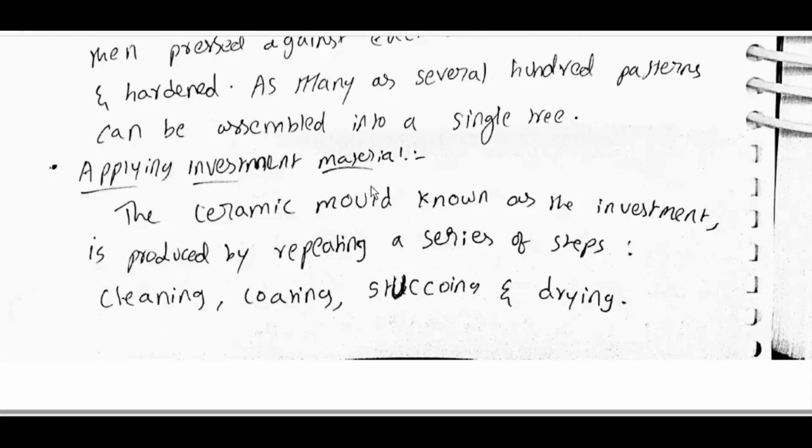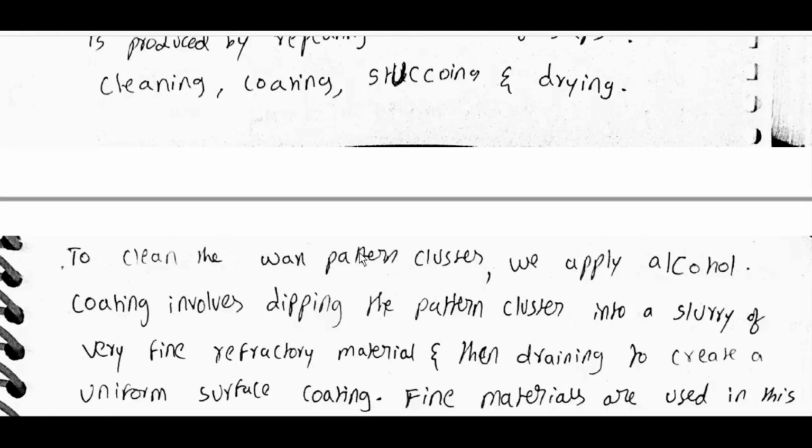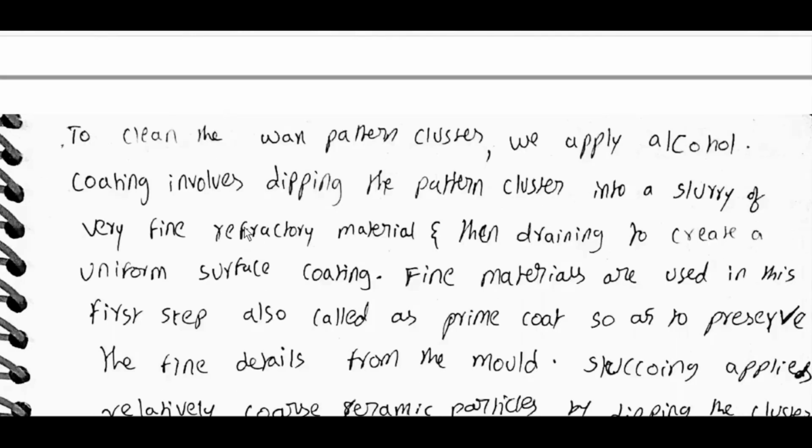Applying investment material: the ceramic mold, known as investment, is produced by repeating a series of steps: cleaning, coating, stuccoing, and drying. To clean the wax pattern cluster, we apply alcohol coating. Coating involves dipping the pattern cluster into a slurry of very fine refractory material and then drying to create a uniform surface coating.